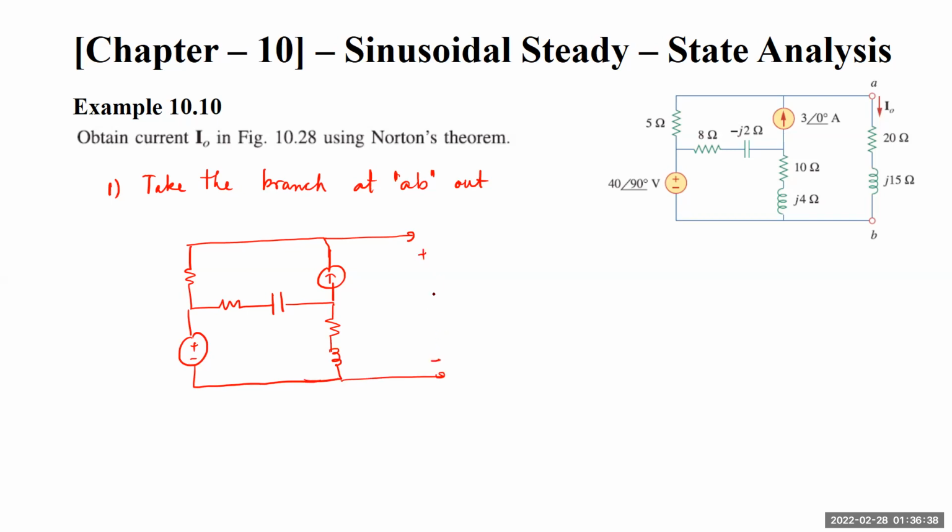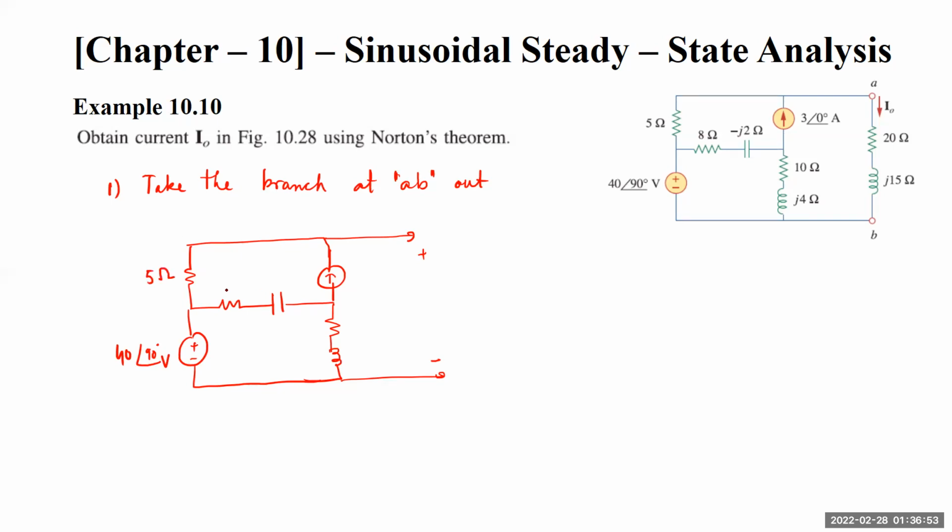This will be V AB, or whatever the voltage over AB. Now we're not basically concerned with the AB here. So this is how this circuit will look if I take this branch out.